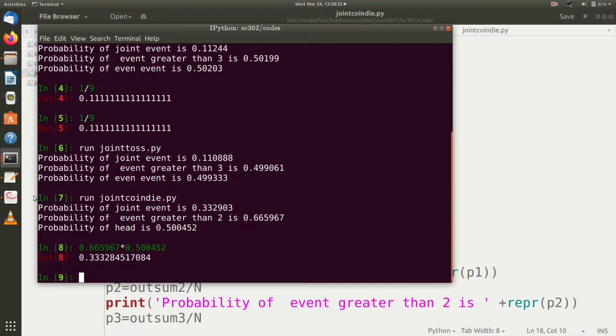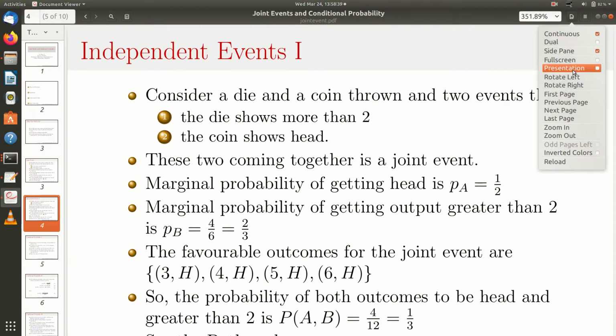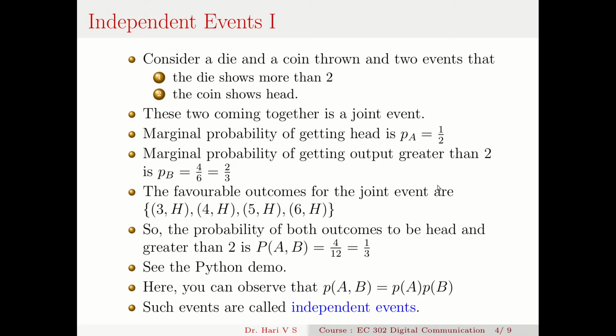So let me go back to my presentation. Here you can observe that P(A,B), the joint probability, is the product of the marginal probabilities P(A) into P(B). Such events are called independent events.